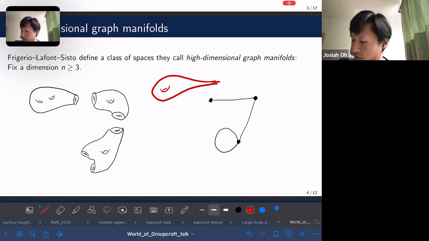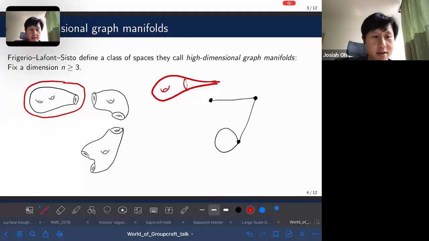So what you can do is you can truncate the cusp, you can cut it off, you can remove what's called a horospherical neighborhood of it. And what we're left with is something like this here on the left. This is now a compact manifold with boundary, and the boundary is here a torus.